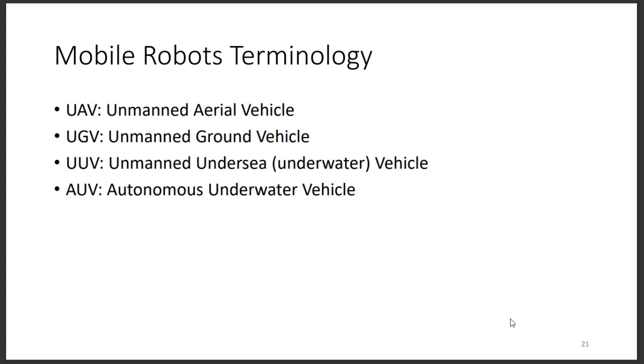The third is UUV, unmanned undersea vehicle, sometimes known as underwater drones or submarines, which can operate underwater without a human occupant.